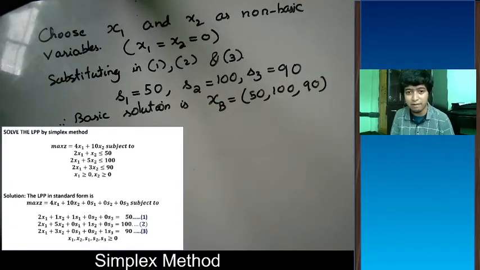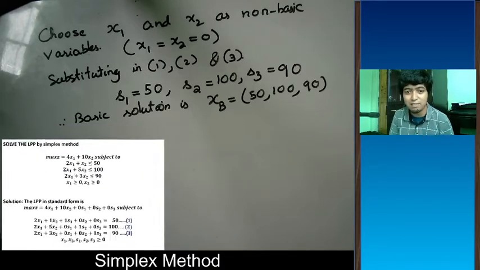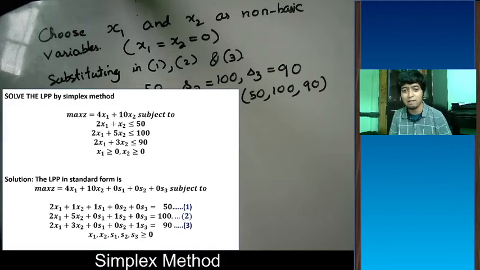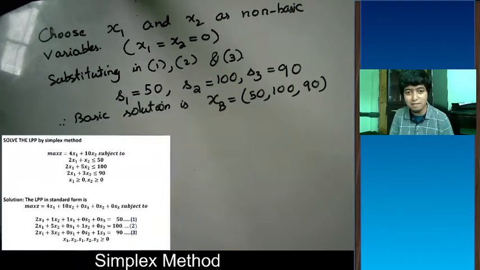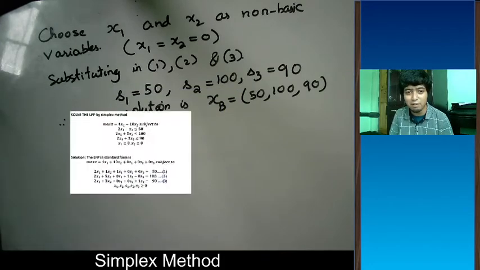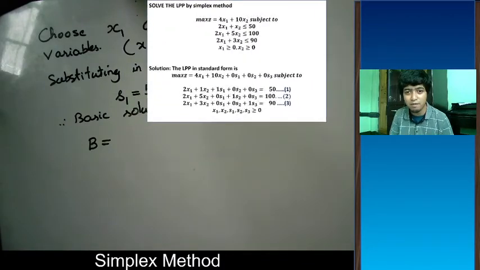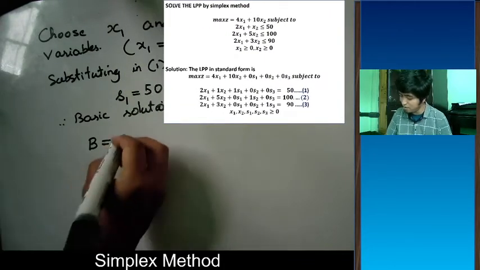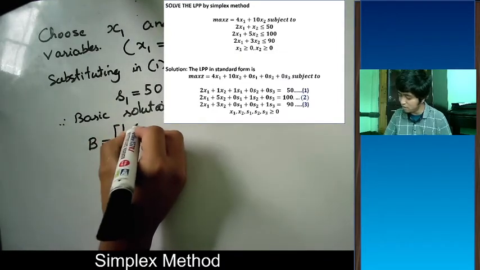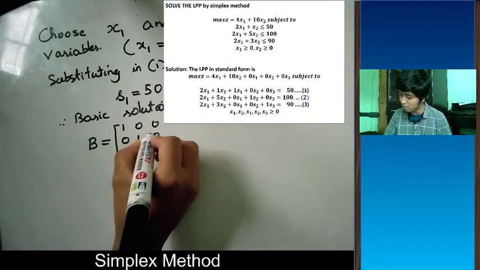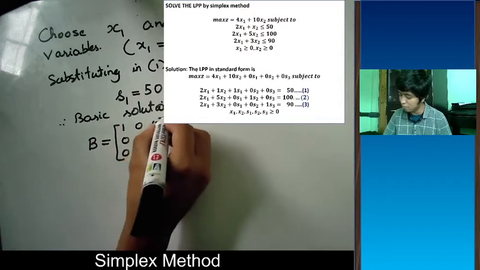Now, what do we need to find? We need to find the matrix B. The capital B is the basic matrix. S1, S2, and S3 are the basic variables, so looking at the standard form, B will be equal to 1, 0, 0, 0, 1, 0, 0, 0, 1.